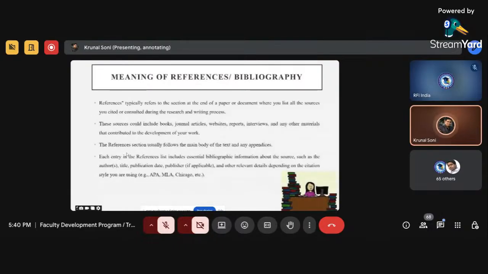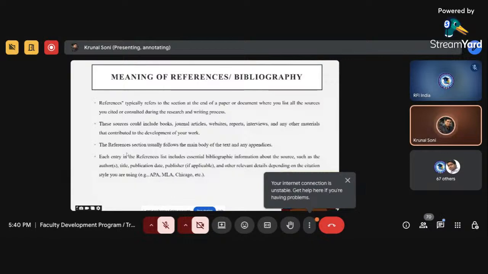So yes, references is basically considered to be the last section of every paper or document, where we list all the sources that have been cited or consulted during the research and writing process.